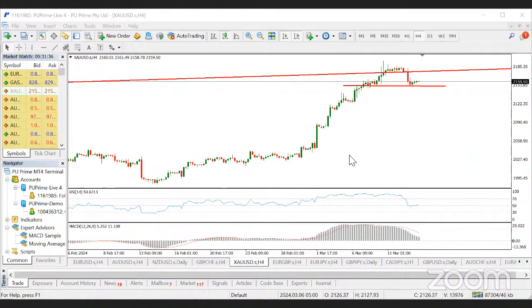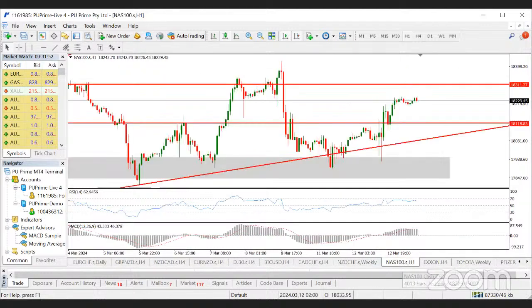Somebody talked about NAS 100. That's Mr. Emmanuel. All right, I remember clearly telling us yesterday that we could end up with an inverse head and shoulder on NAS 100.